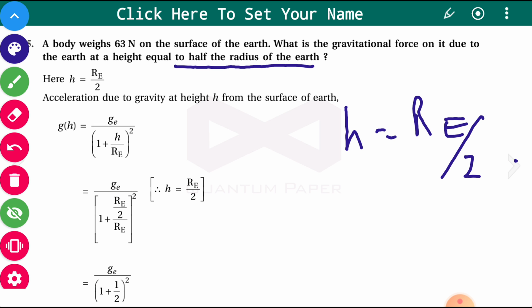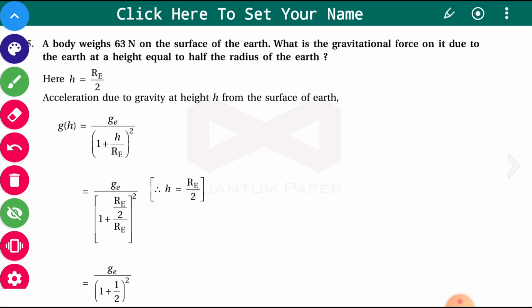Now first of all, gravitational acceleration at height h is given by gh equals ge upon 1 plus h upon Re the whole square.